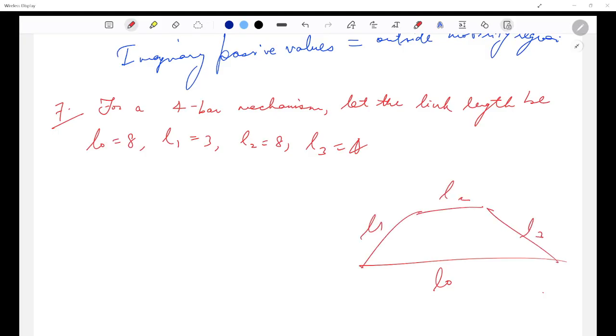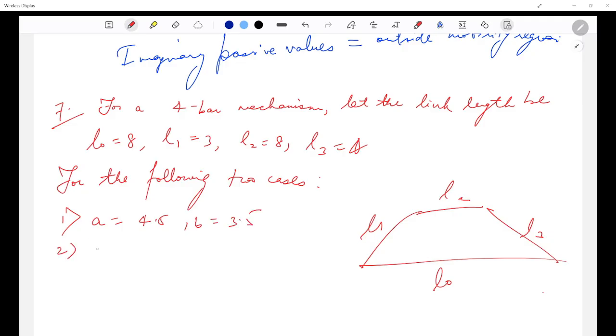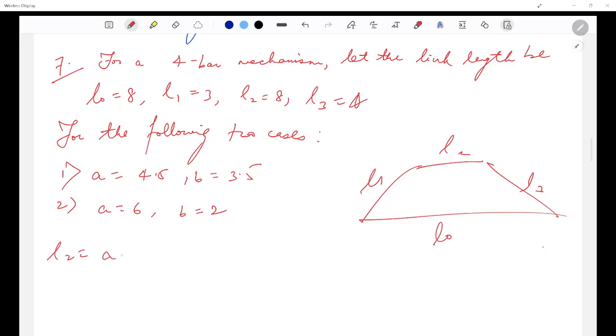For the following two cases: the first case is A is 4.5 and B is 3.5. The second case is A is 6 and B is 2, where L2 is equal to A plus B. So somewhere you break the loop closure, and here you get A, this is B. So L2 is equal to A plus B, and this is called the coupler. We already saw that this link is called the coupler.